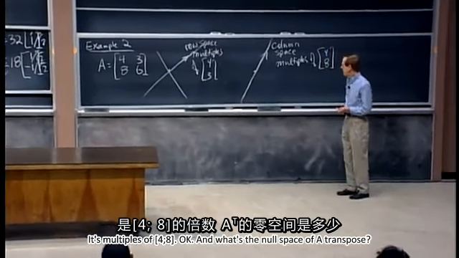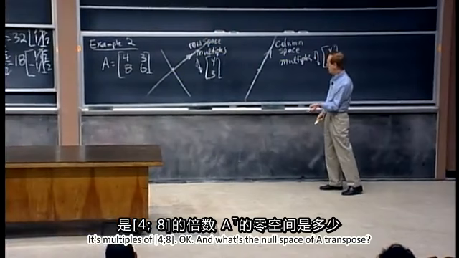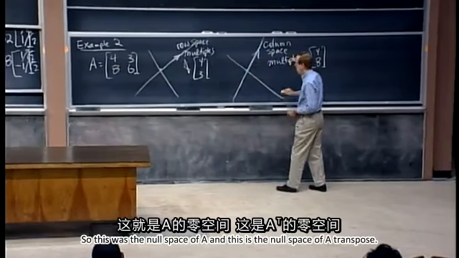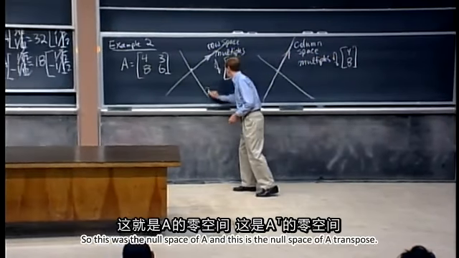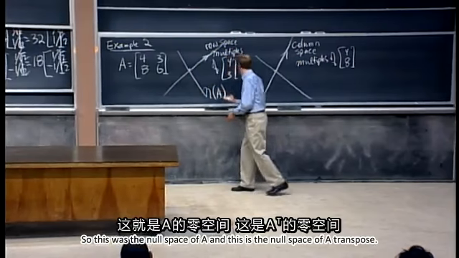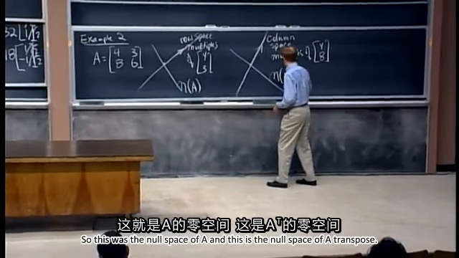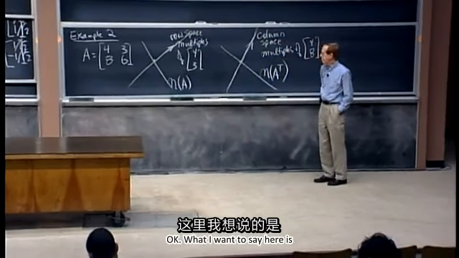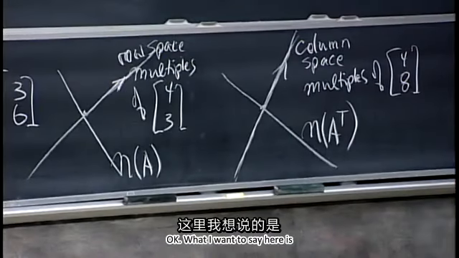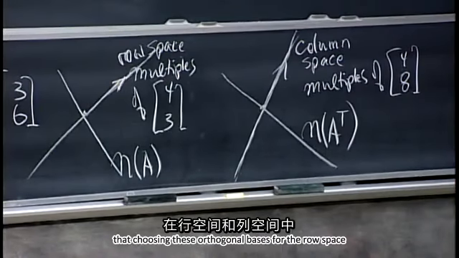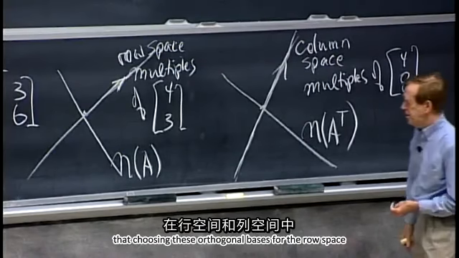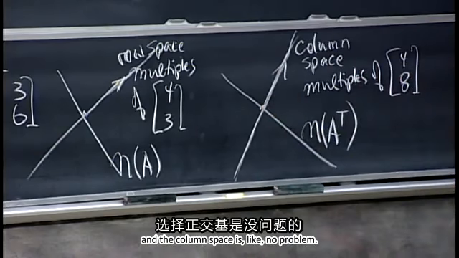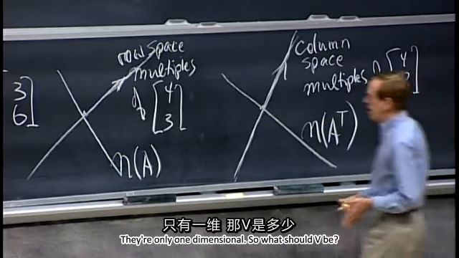And what's the null space of A transpose? It's the perpendicular guy. So this was the null space of A, and this is the null space of A transpose. What I want to say here is that choosing these orthogonal bases for the row space and the column space is no problem. They're only one-dimensional.